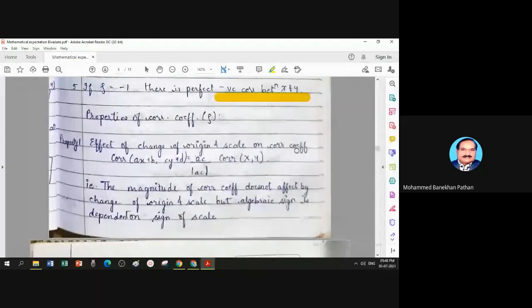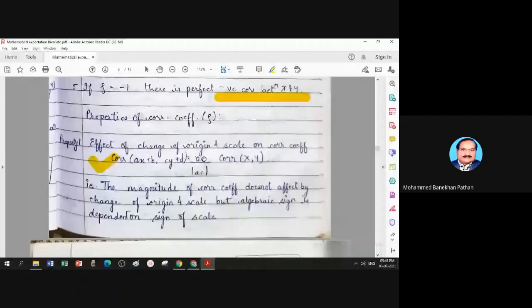Statement in mathematics: the correlation of ax plus b, comma cy plus d, is equal to ac divided by the absolute value of ac, times the correlation of x and y. If you observe, there is numerator ac, denominator also ac. But in the denominator, we take the positive value of the product.